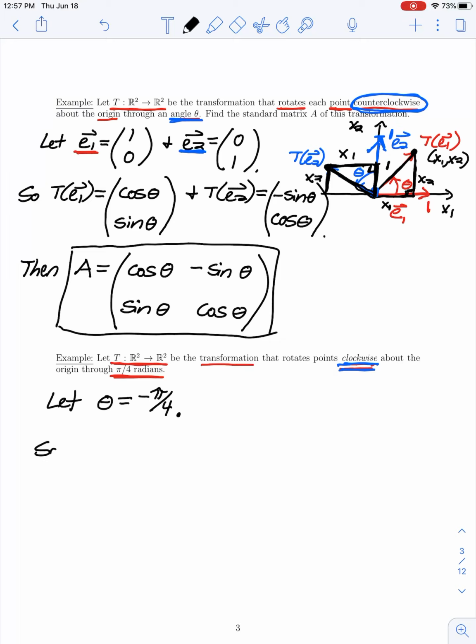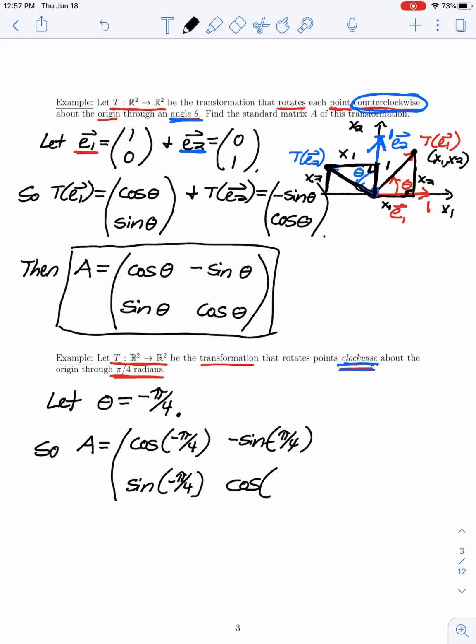Based on what we found in our previous example, the standard matrix that we're looking for is given by cosine of negative pi over 4, sine of negative pi over 4 for our first column, then negative sine of negative pi over 4, and cosine of negative pi over 4. So let's see what we have.